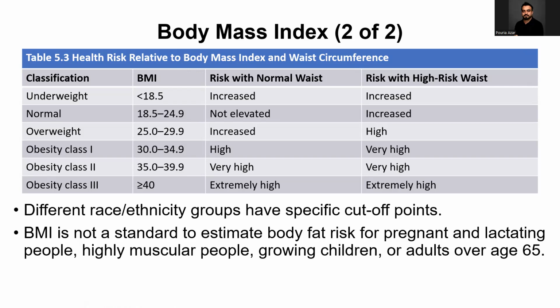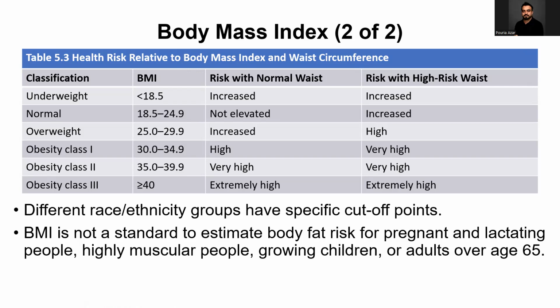If we have normal BMI and normal waist, we have no elevated risk. But if we have normal BMI but high risk waist circumference, we have an increased risk for different health issues.